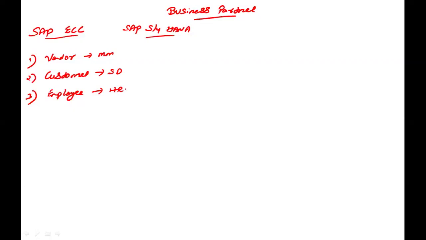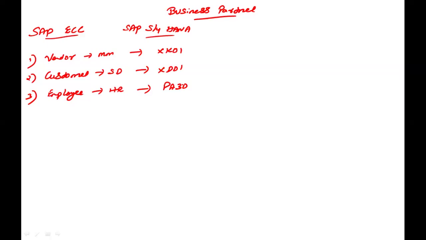This was happening in ECC. The transaction in ECC to create a vendor was XK01. For customer, it is XD01. For employee, it is PA30 or PA40. These are the transaction codes to create vendor, customer, and employee in ECC.